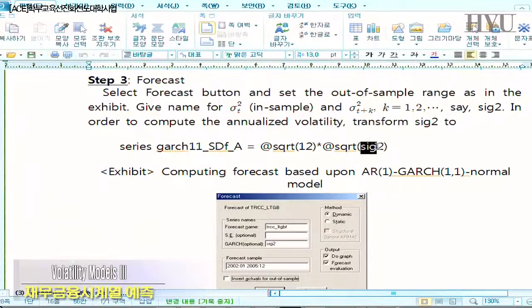Instead of GARCH 03, I gave the name sigma squared. And then you can calculate the annualized version, but it's expressed in decimal. So if you multiply that by 100, you can make it percent, right?